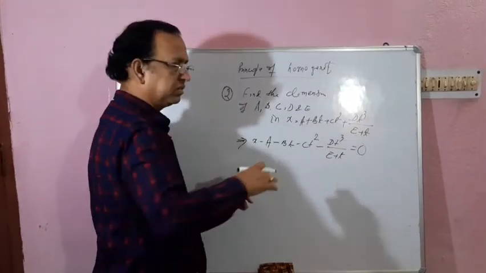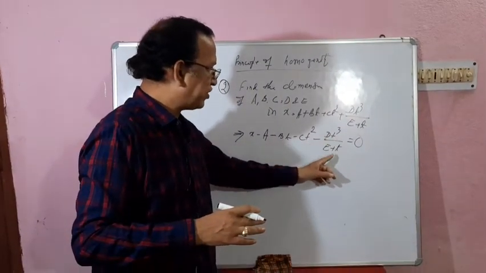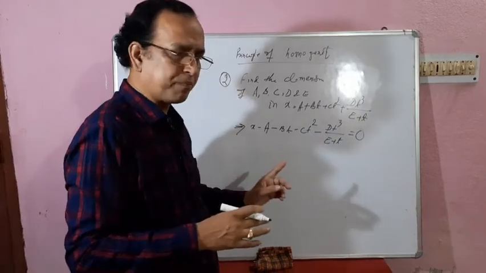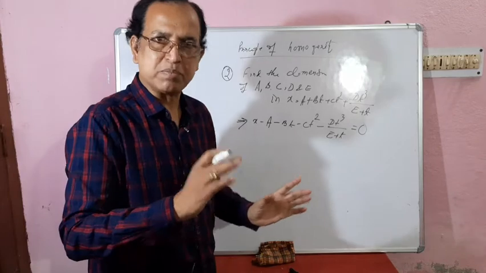There are five terms: x, A, BT, CT square, and DT square by E plus T. x is displacement.